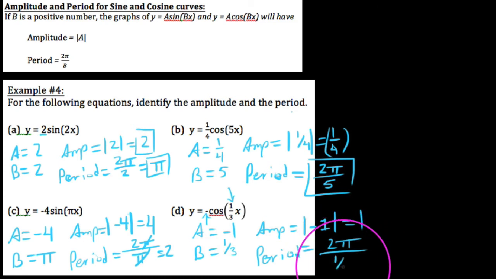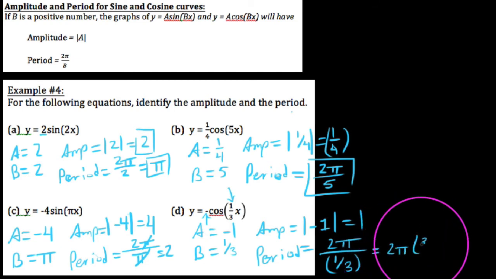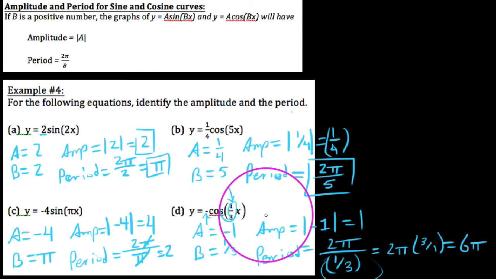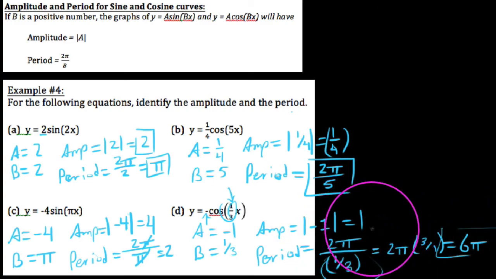This is just another example where we're doing it with a fraction. 2 pi divided by 1/3 is the same as 2 pi times the reciprocal, which is 3. So this would be 6 pi. In other words, it would only go through a third of a cycle in a normal 2 pi period. The other 2/3 of the graph would take another 2 pi and another 2 pi. It would take a total of 6 pi to go through one complete cycle.